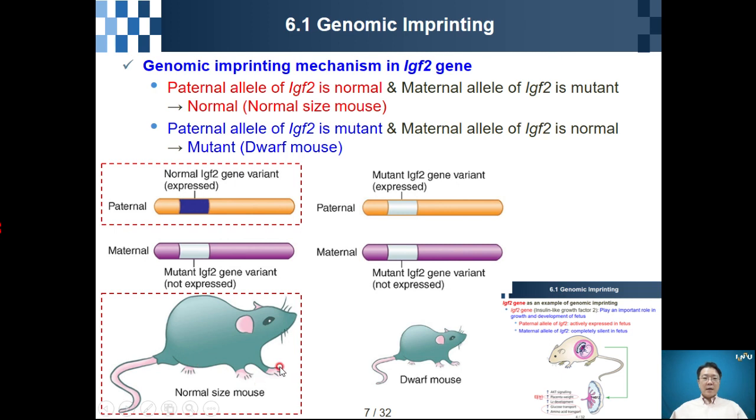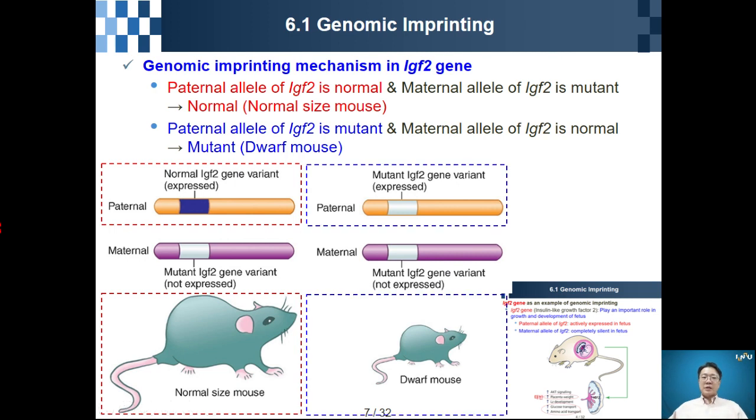However, in another case, the paternal allele of IGF2 is mutant, and the maternal allele of IGF2 is normal. In this case, only the paternal allele can be expressed, and the paternal allele is the IGF2 mutant form.